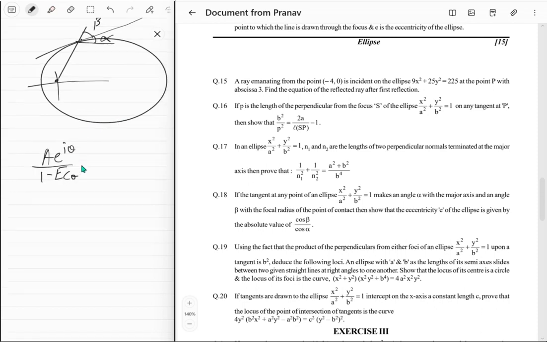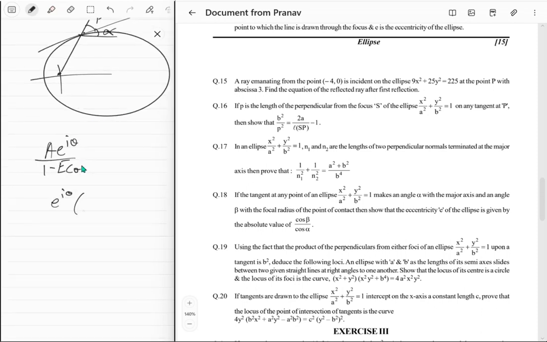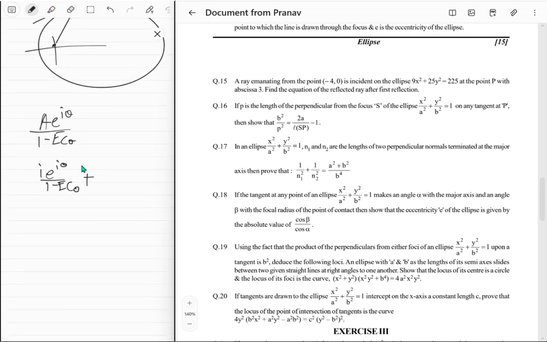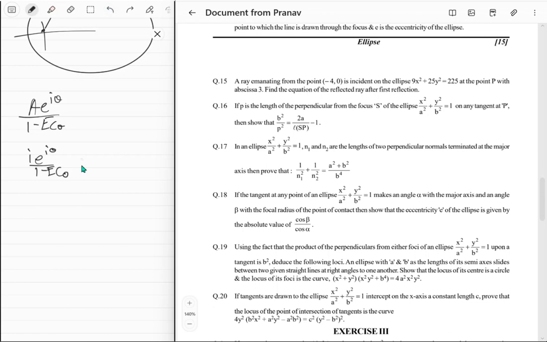Okay, let's differentiate that. It's going to be e^(i theta) upon 1 minus e cosine theta, times iota, because and then omega is there, but we'll get rid of that. And then plus the derivative of that guy. So it's negative, supposed to be negative over 1 minus e cosine theta squared, you got that sine theta right there, and this is supposed to be e, and then e^(i theta).